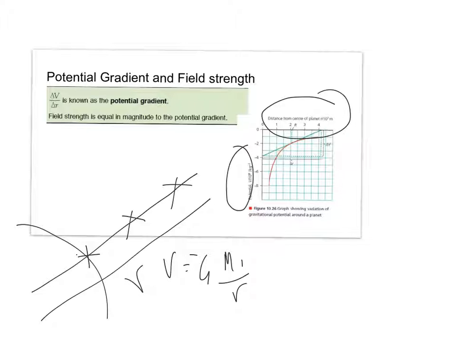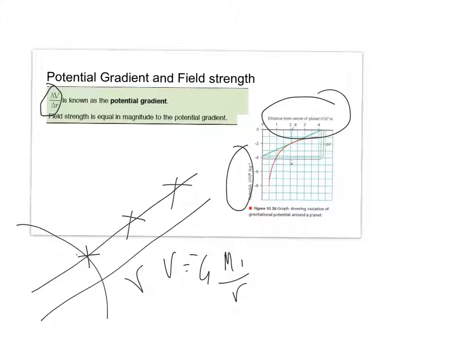So, if you define potential gradient as the rate of change, the change of potential over change in distance, then what we're looking at is the gradient of a potential distance graph.